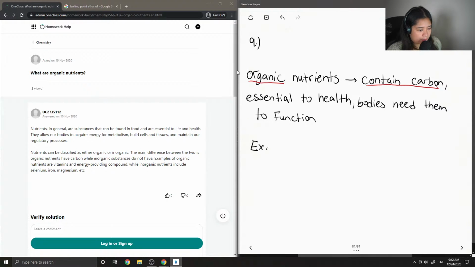So some examples of organic nutrients can be like vitamins, carbohydrates.